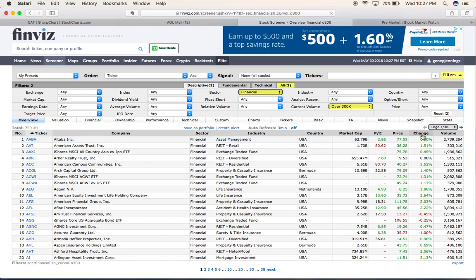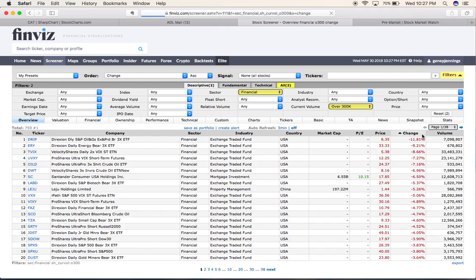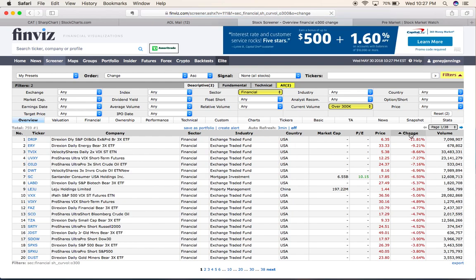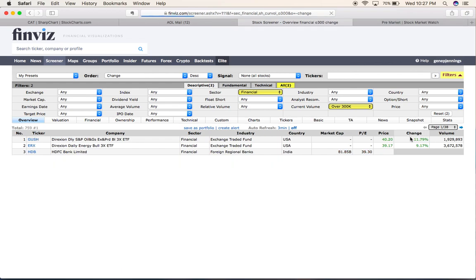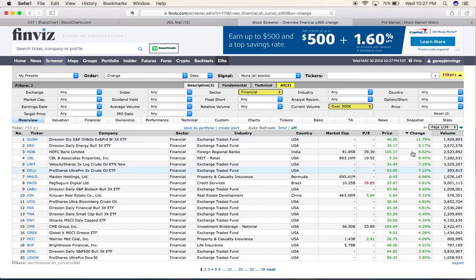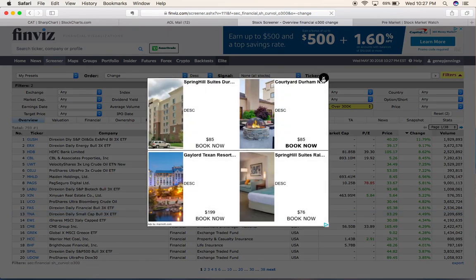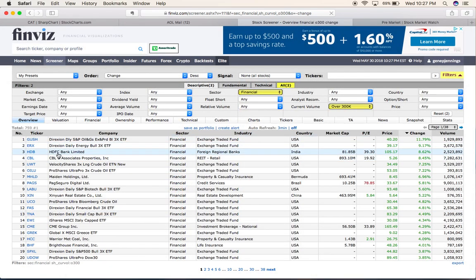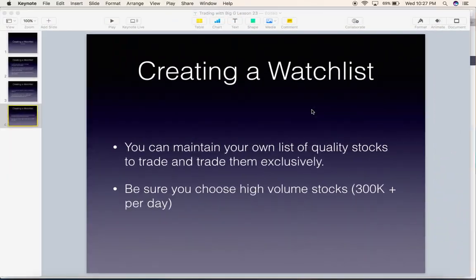And then if you want to see what changed the most, you hit change here. That's from the worst to first. Hit change one more time, and it goes to the ones that moved the most today. So that just gives you more ideas of ways to look for hot stocks that are moving, and all that good stuff.